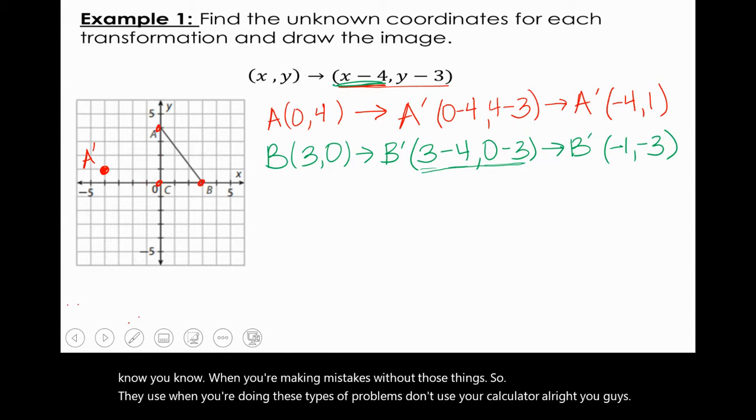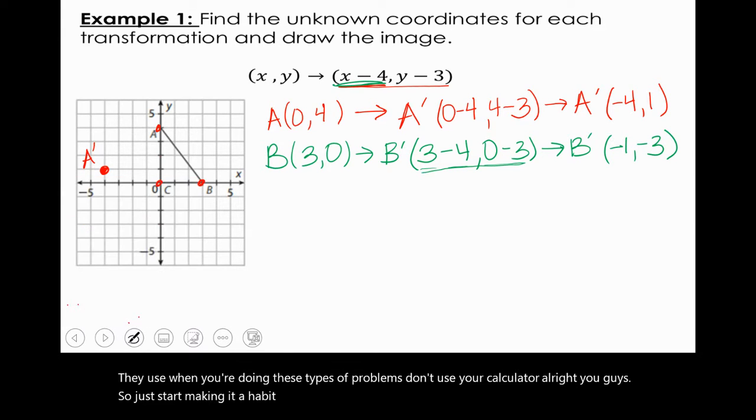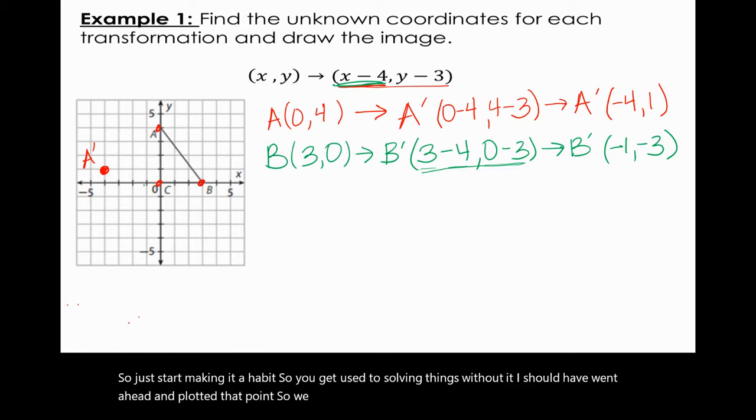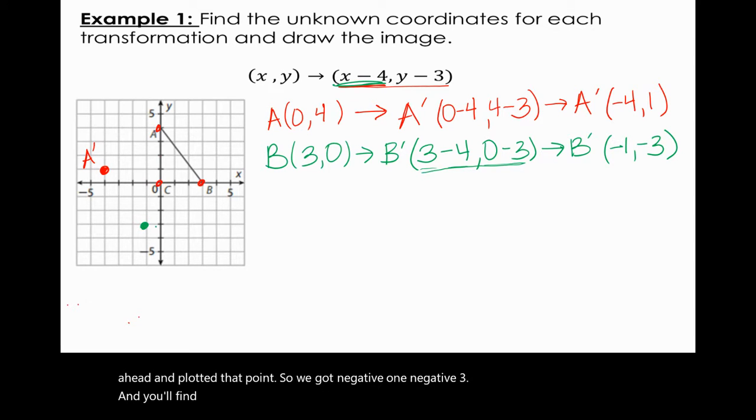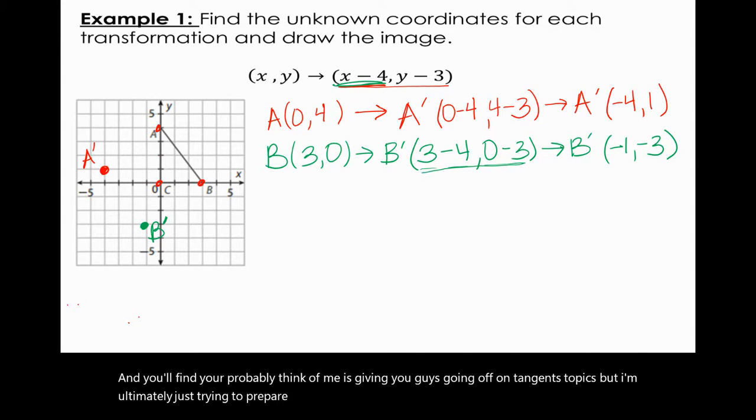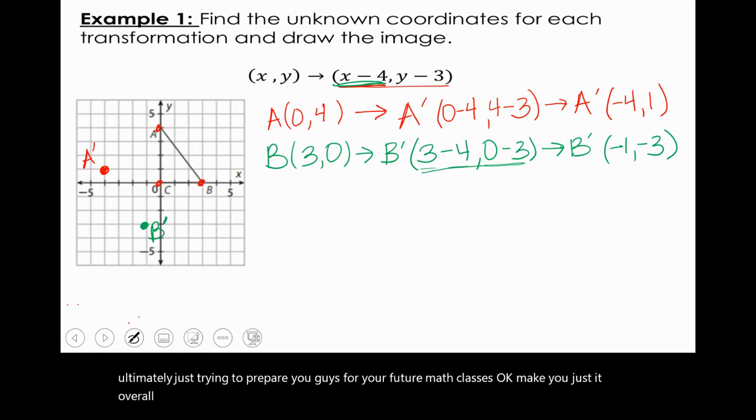So just start making it a habit so you get used to solving things without it. Oops, I should have plotted that point. So we got -1, -3. You'll probably think I'm going off on tangents, but I'm ultimately just trying to prepare you for your future math classes, okay? Make you an overall better math student.